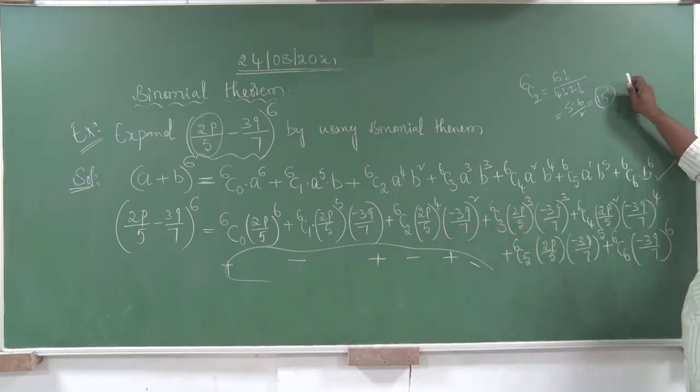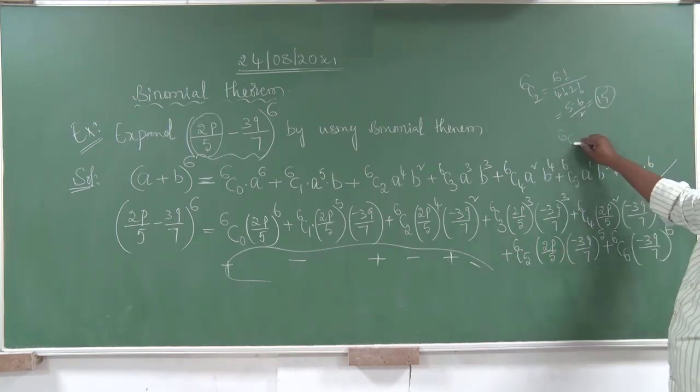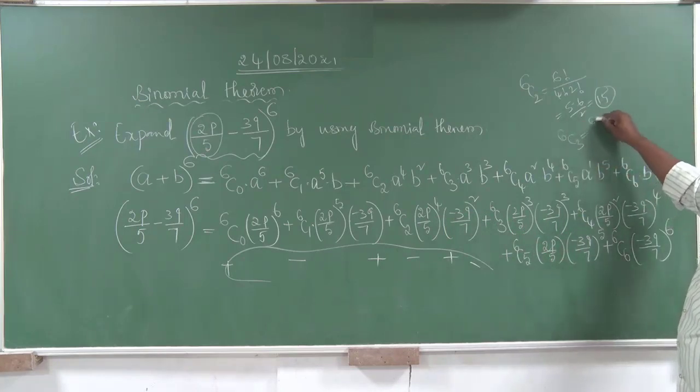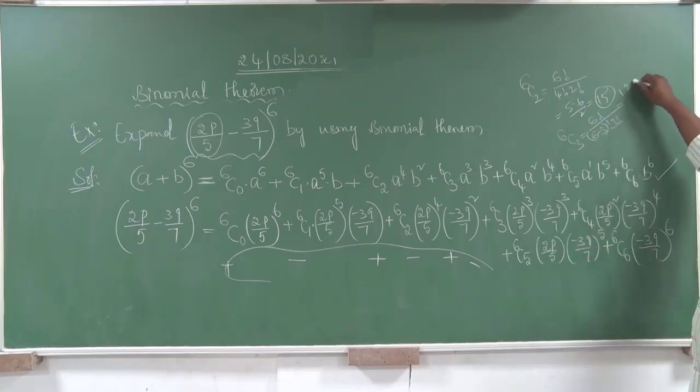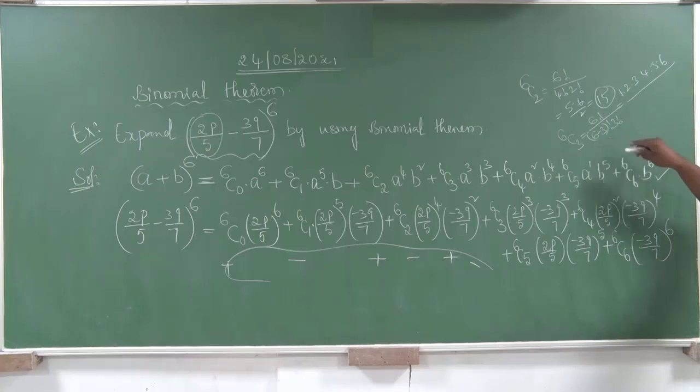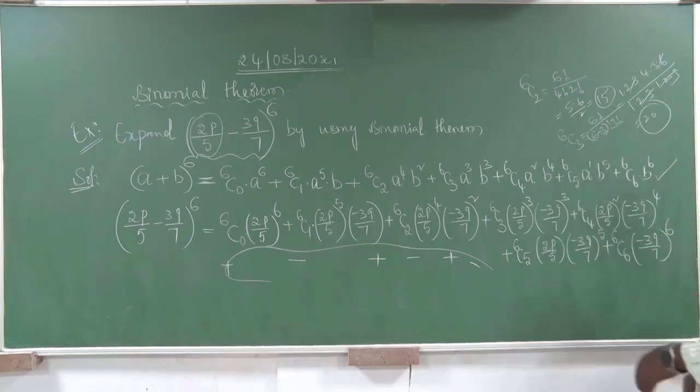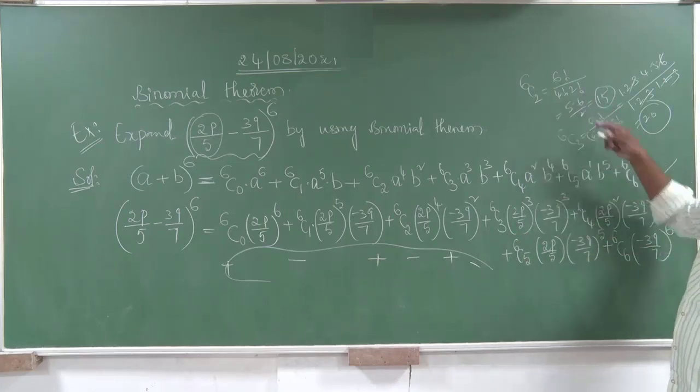Next you can calculate the 6c3 value. What is the 6c3 value? 6 factorial by (6 minus 3) factorial into 3 factorial. 6 factorial means 1, 2, 3, 4, 5, 6, by 3 factorial, 1, 2, 3, again 1, 2, 3. Cancel, this cancels, 20. So 6c3 is 20 and 6c4 is 15.